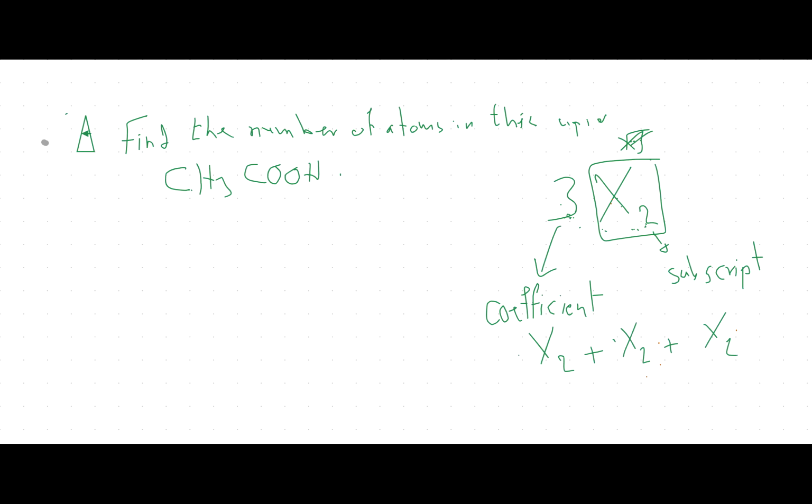Here the X2 terms are the same. So how many X2 do you have? You have 1, 1, and 1, so you have 3. What about the 2 though? This is from its nature. So you have 3 molecules.